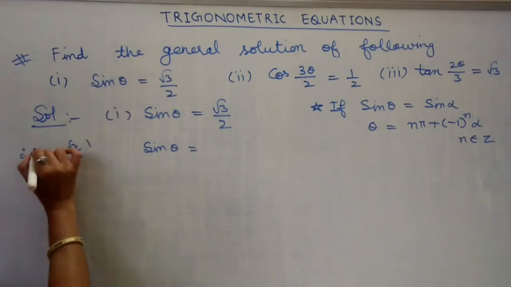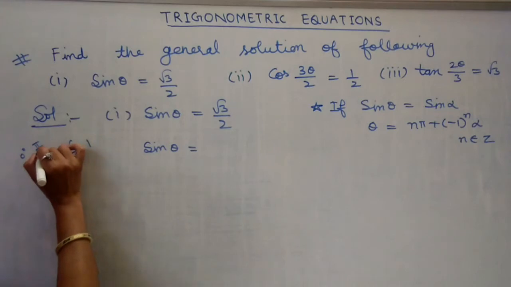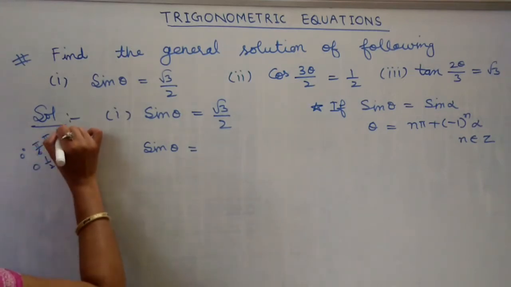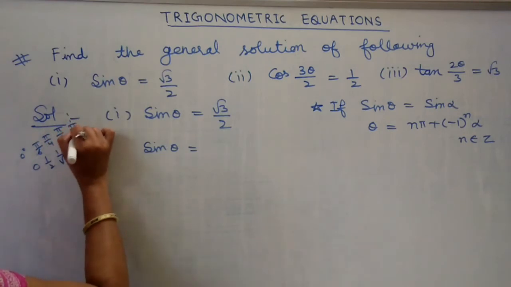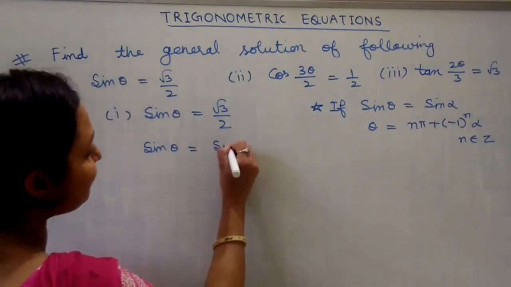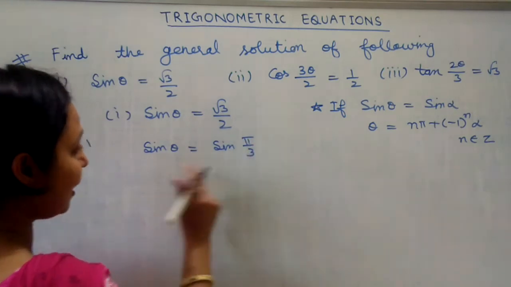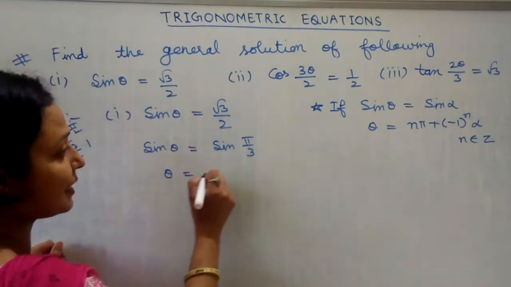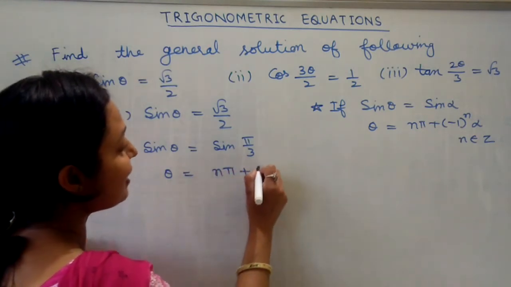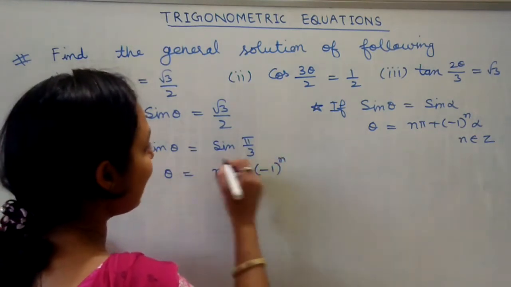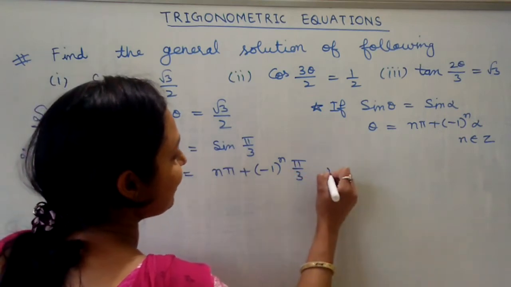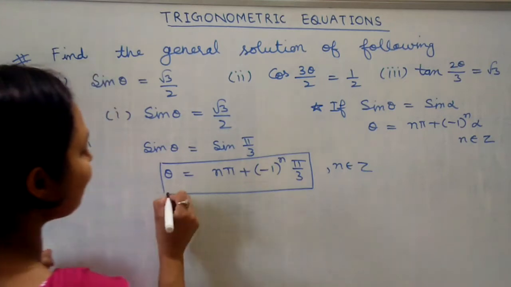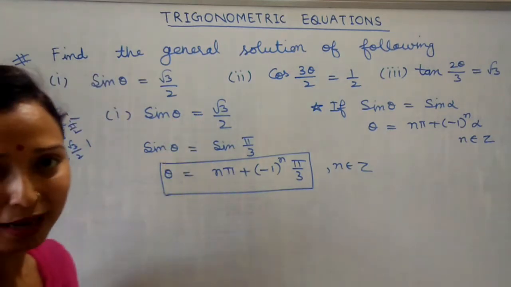This is 0 degree, then π by 6, π by 4, π by 3, then π by 2. So this is π by 3, so sin π by 3. Now this is θ, this is α. θ is equal to nπ plus minus 1 raised to power n and α is π by 3, where n belongs to integer. So this is the general formula for finding the first part.